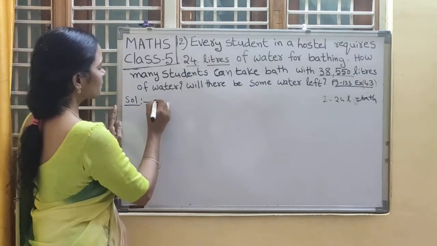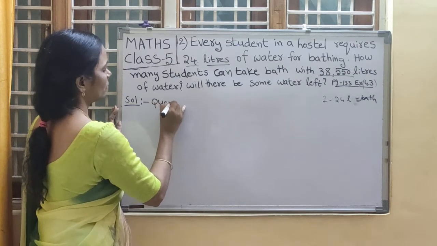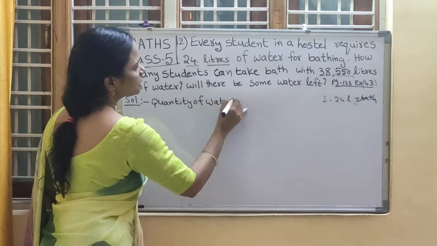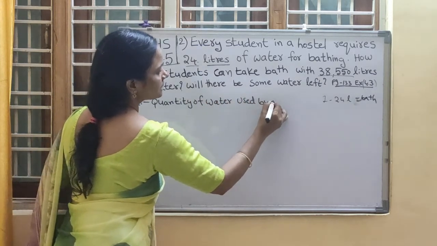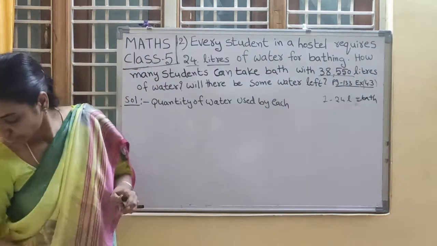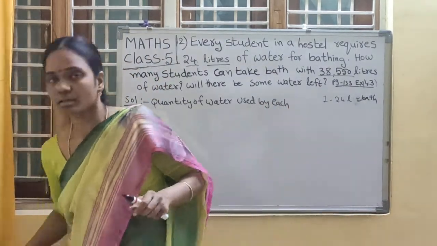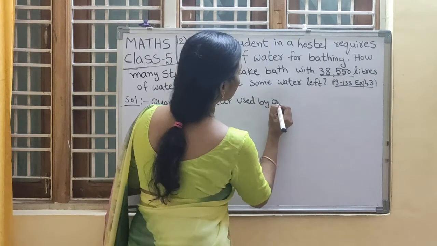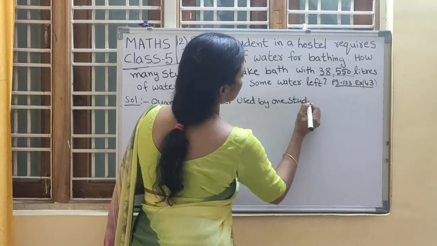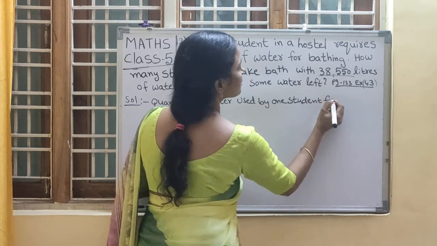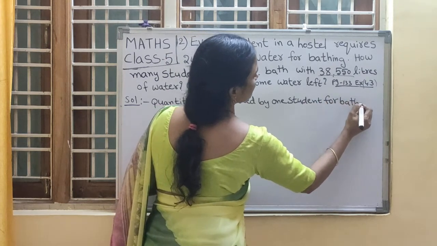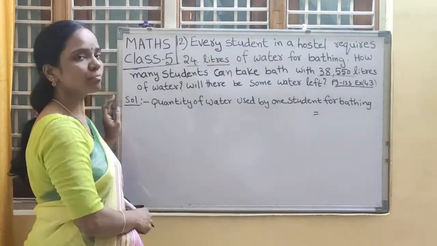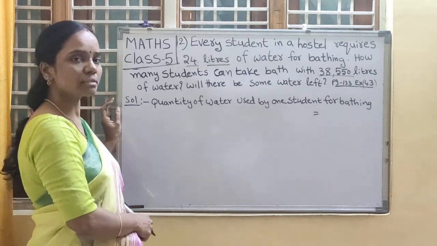Write down: quantity of water used by one student for bathing is equal to how many liters, children?